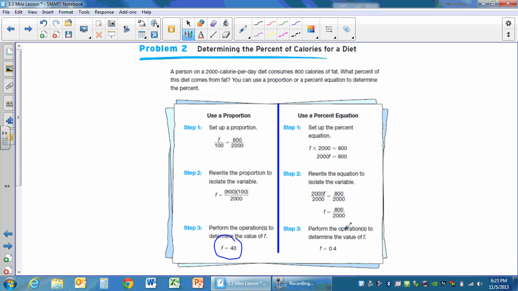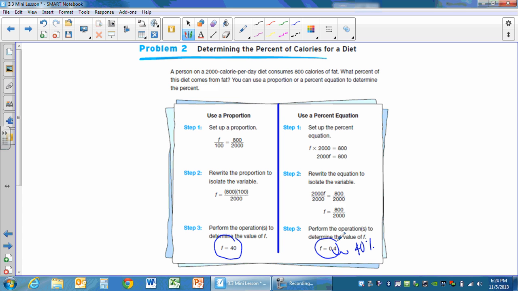And then lastly, we just do the operation: 800 divided by 2,000, and we get an answer of 0.4. Don't forget that at the end of using the percent equation, you need to move your decimal point 2 places to the right to get an answer of 40%, because percents are always out of 100.